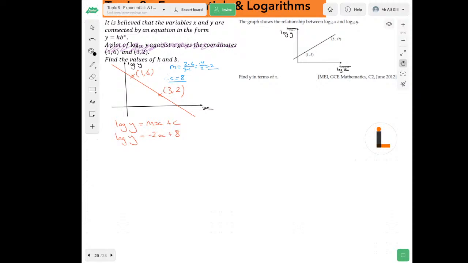So just written up the M and C values there and substituted them into the equation that we've got so far.